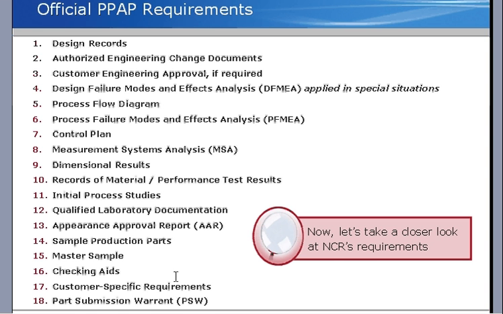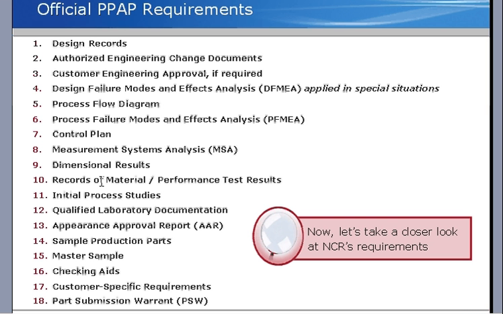You can see that's a lot of documents, and most customers require them in English. Different parts have different documents, for example different control plans and testing plans, so that can be a lot of work.